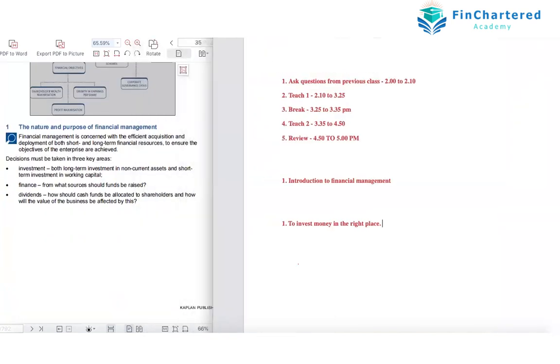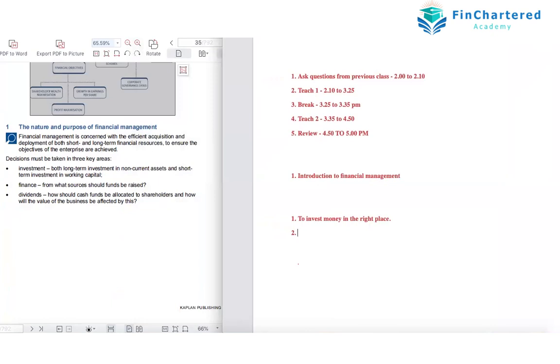I will also teach you how to get money, or how to raise finance or raise funds, right? Again, first things first, the first step is where will we get the money from?